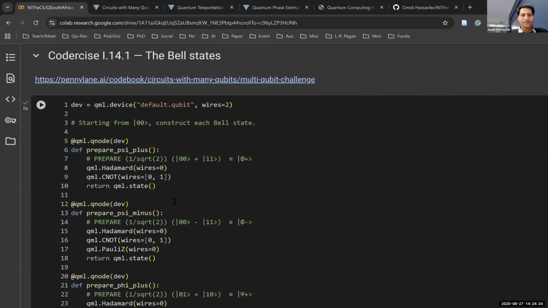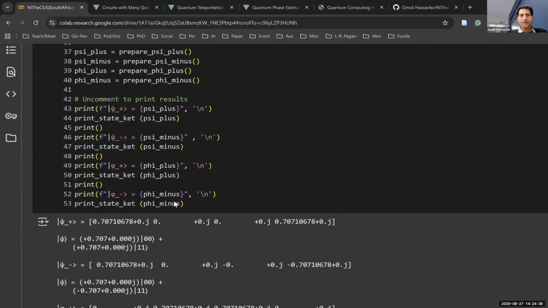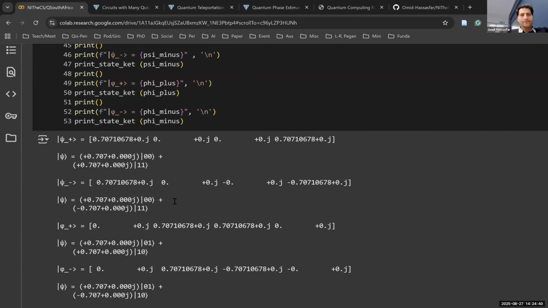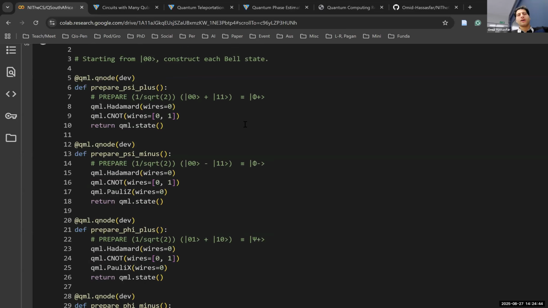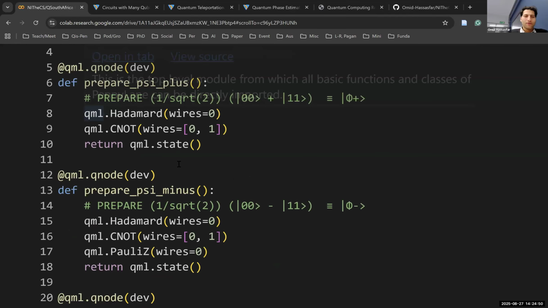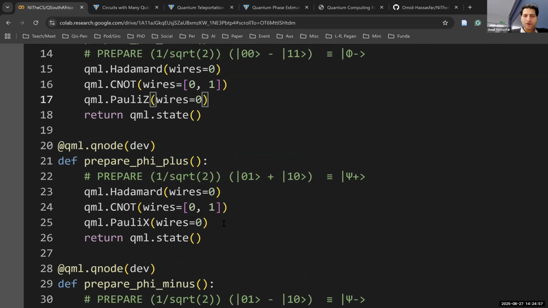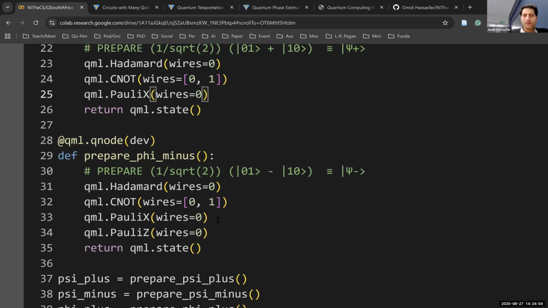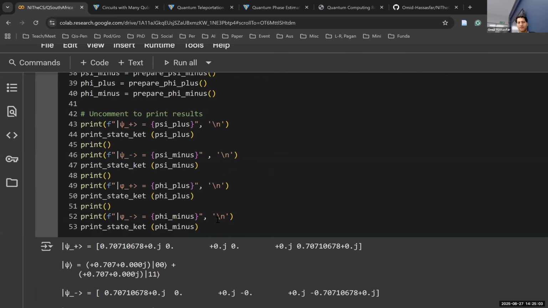Then you can create all these Bell states and print them. All of them have this part, Hadamard and CNOT. For this one, we don't have anything else after CNOT, but here we have Pauli Z, here after CNOT we have Pauli X, and here we have both. Then you can create this. This is a very nice exercise to do with pen and paper as well.